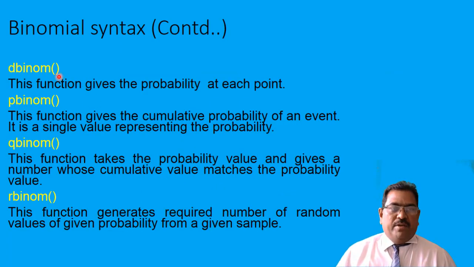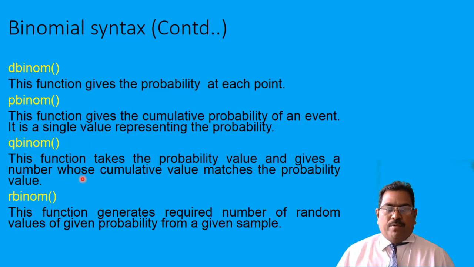And here is dbinom. What is the purpose of dbinom? This function gives the probability at each point, for example the probability of 2 heads, probability of 3 heads, like that. Then use the dbinom function. pbinom is used to calculate the cumulative probabilities, like the probability of 2 or fewer heads, 3 or fewer heads. Then use the pbinom function. And the qbinom function gives the x value for a given probability.